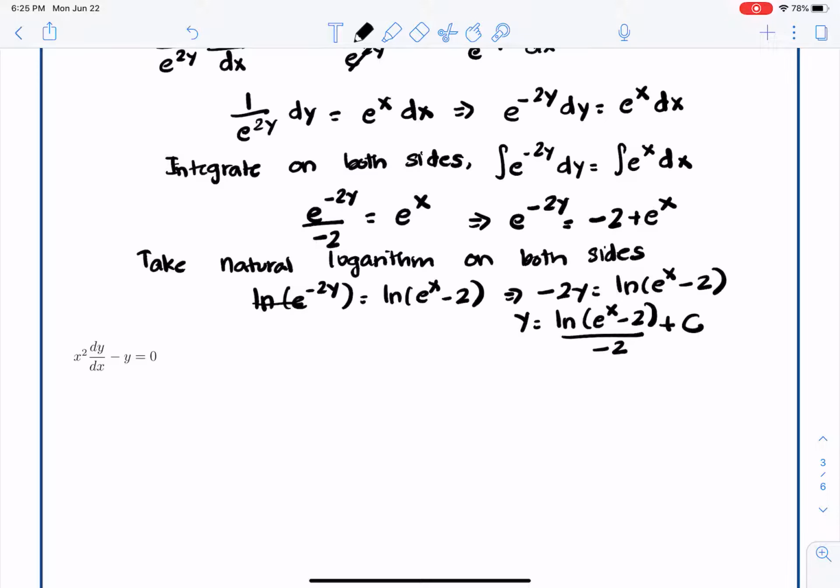So what about the existence interval for that particular problem? Because it is interesting.